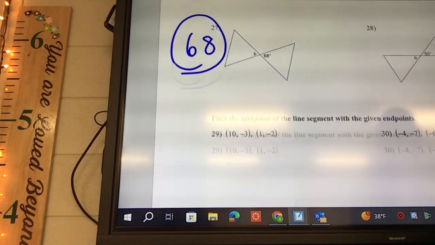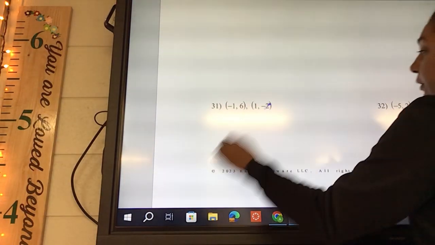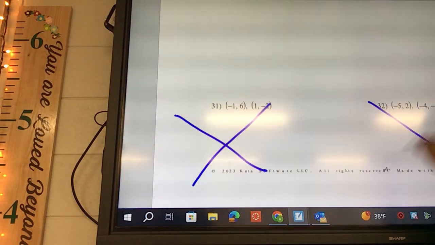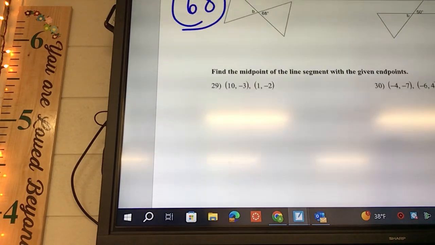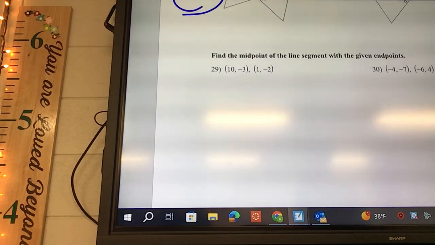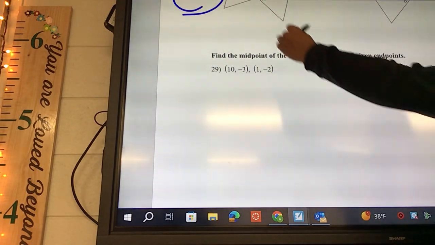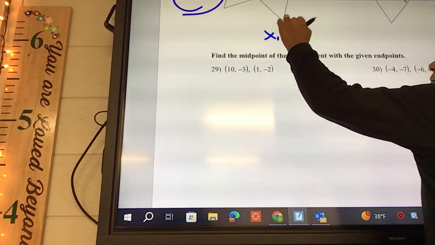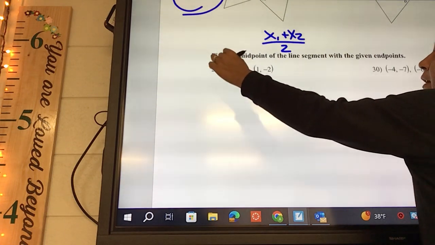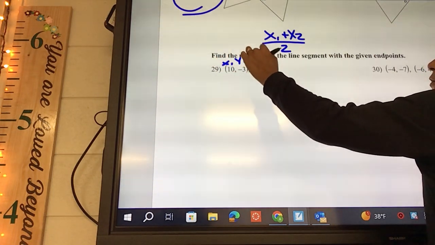Alright, you guys are going to cross off number 31 and 32. Okay, find the midpoint. What's the midpoint formula? X1 plus X2 over 2. Good. So we have X1, Y1, X2, Y2.